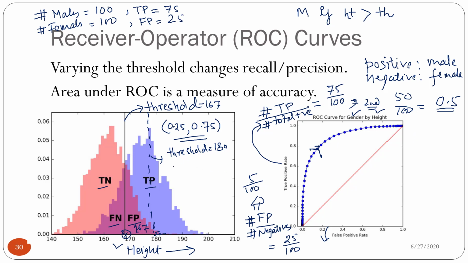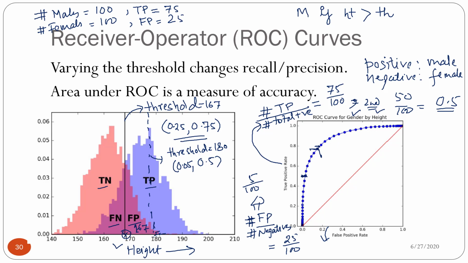For the second threshold, it will be 0.05, if these are only 5 samples on the right, which are false positives, which were by mistake classified as male. And the corresponding true positive rate is 0.5. Alright, so you will find some value right here.